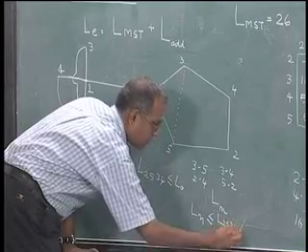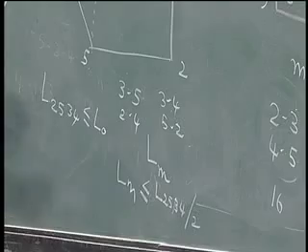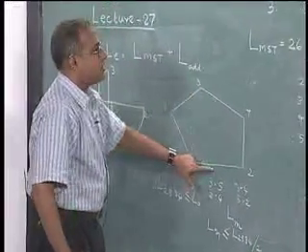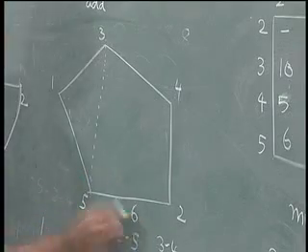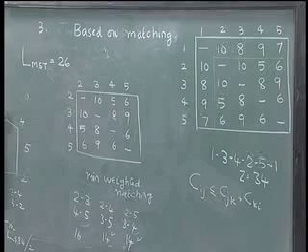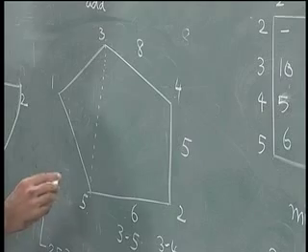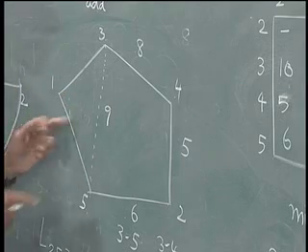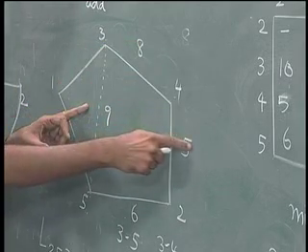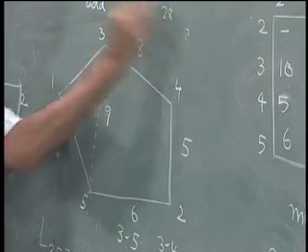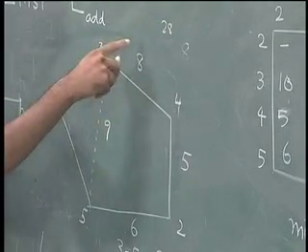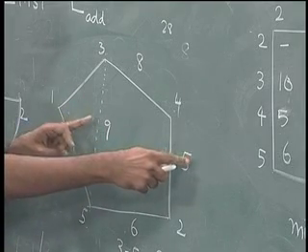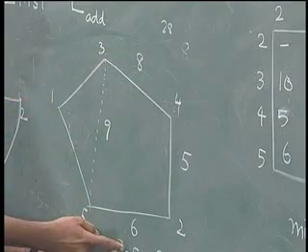Now, this Lm, which is the minimum of these two, should be less than or equal to L2534 by 2. This is like saying, if we add these 4 lengths, for example 2 5 is 6, 2 4 is 5, 3 4 is 8 and 3 5 is 9. Now, we can look at two matchings. The total is 9 plus 8 17 plus 5 22 plus 6 28. One matching is 3 5 and 2 4, so this is 9 plus 5 14, the other is 8 plus 6 14.